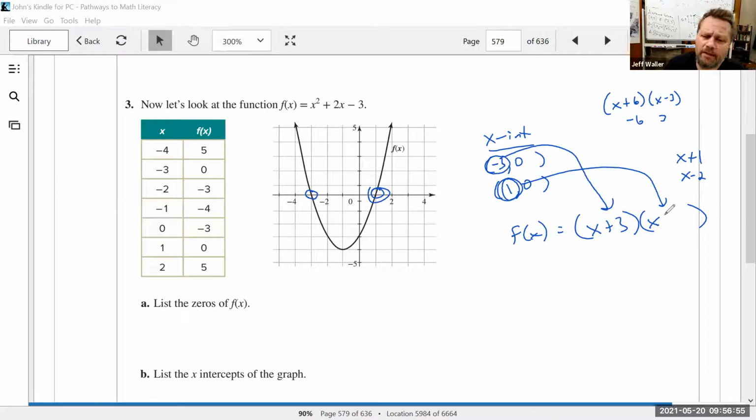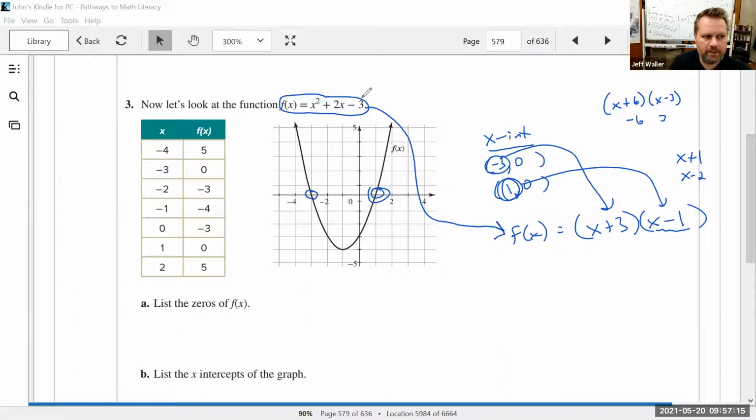X minus 1, wouldn't that make it 0 if I put a 1 in? Yes, and that is how I factor that.